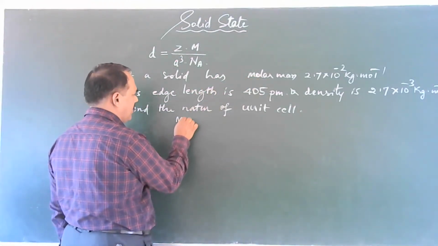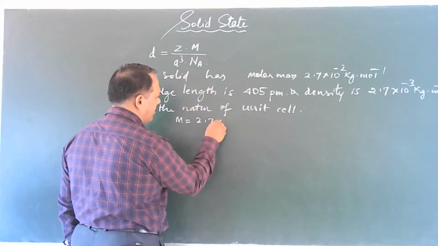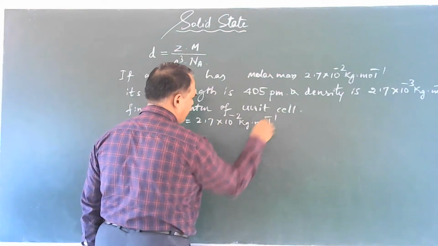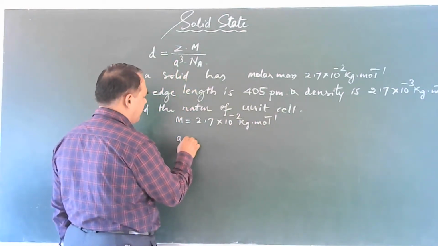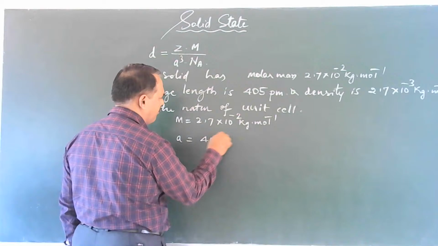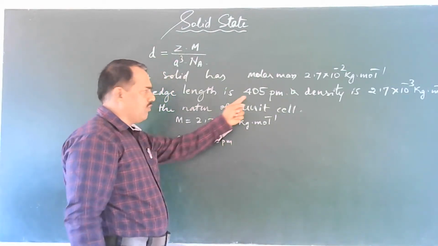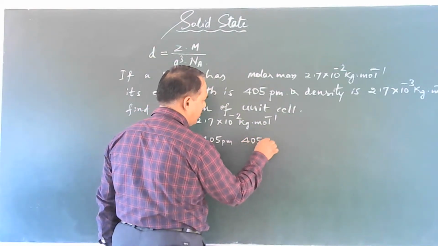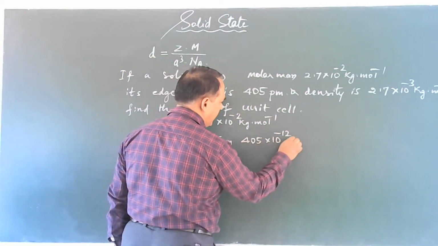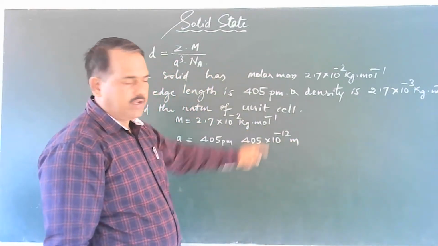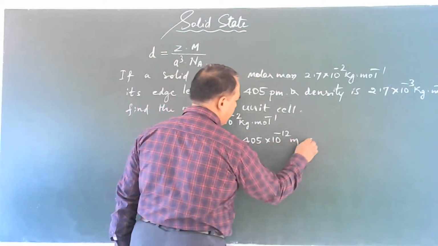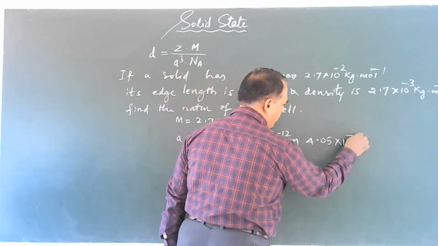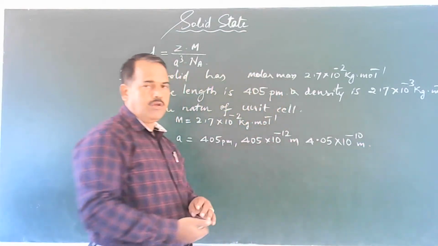Molar mass M is given: M = 2.7 × 10^-2 kg per mole, which is in SI unit. Edge length is 405 picometer. Convert this into meter: 405 × 10^-12 meter, which becomes 4.05 × 10^-10 meter.